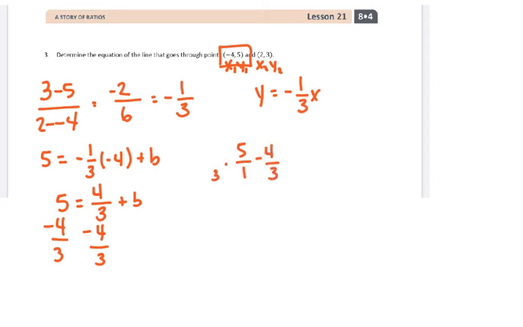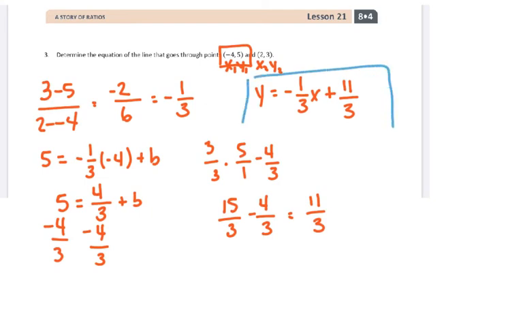I'm going to multiply the top and bottom of my fraction by 3. So I've got 15 over 3 minus 4 over 3. So I end up with 11/3 as my y-intercept. So I can say that the equation of this line is y equals negative 1/3 x plus 11/3. That's the slope-intercept form of this line. I just used the information that they gave me to figure out that equation.